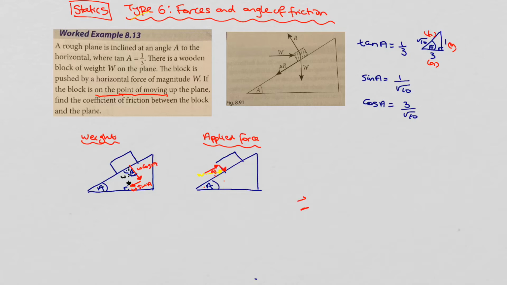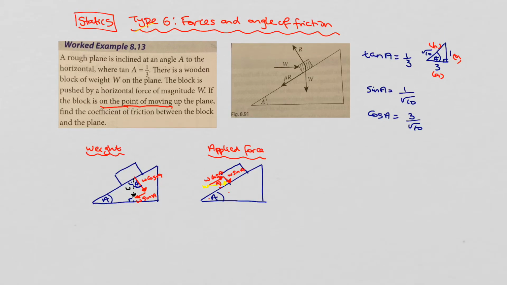That makes that angle A, and therefore this would be the opposite. So it'll be W sine A, and this one will be W cos A, the adjacent side. Sorry, they're probably a bit small.